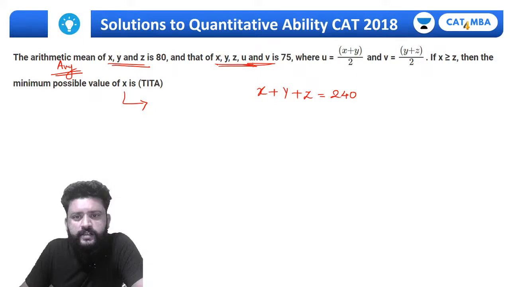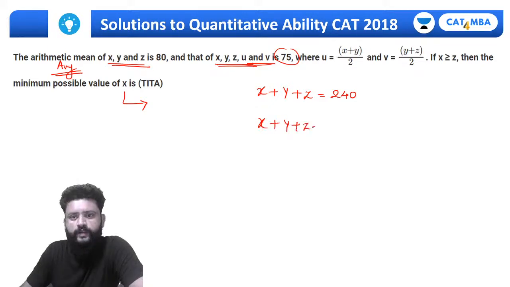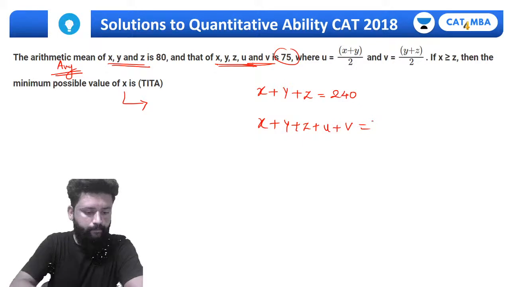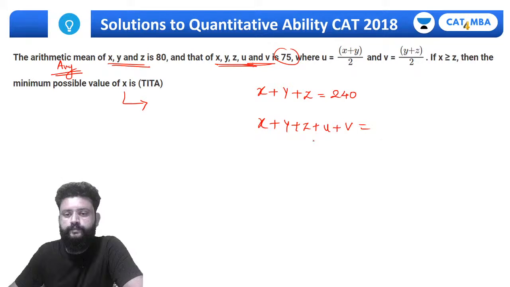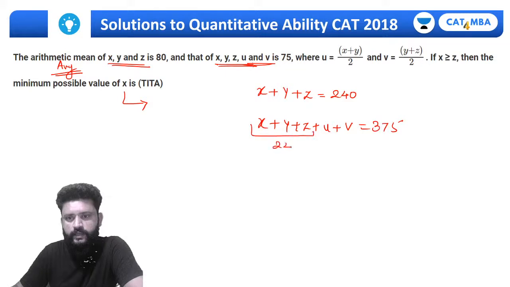The average of 5 numbers is given as 75, x plus y plus z plus u and v. So x plus y plus z plus u plus v is 75 into 5. Plus y plus z is 240.